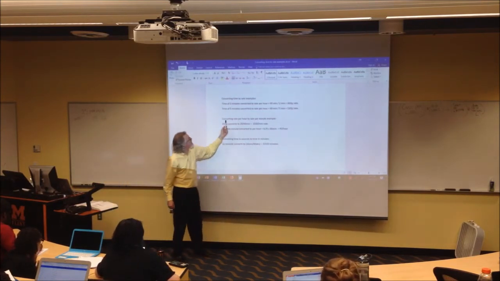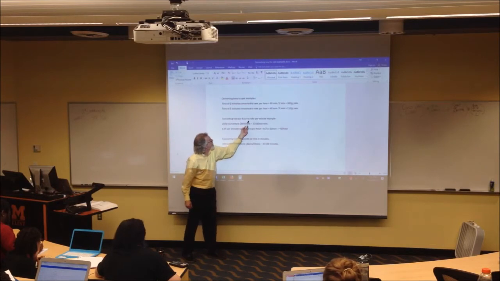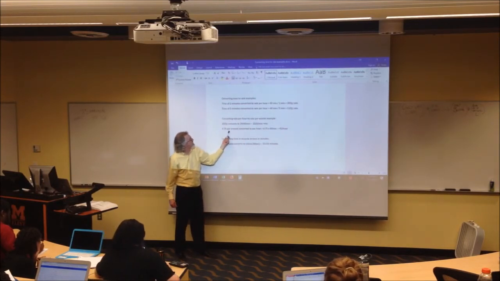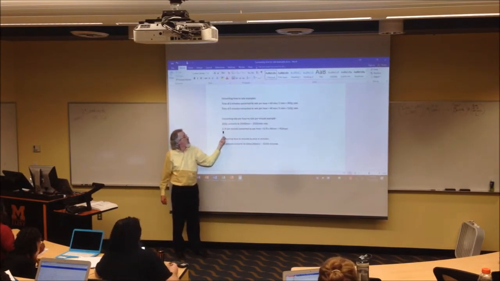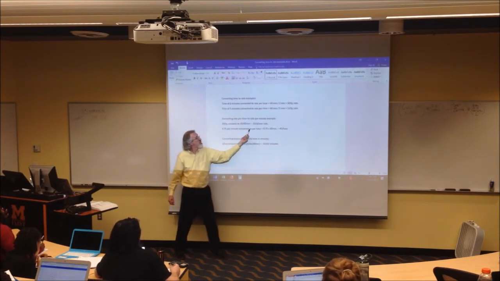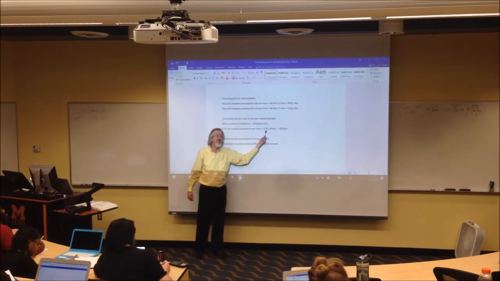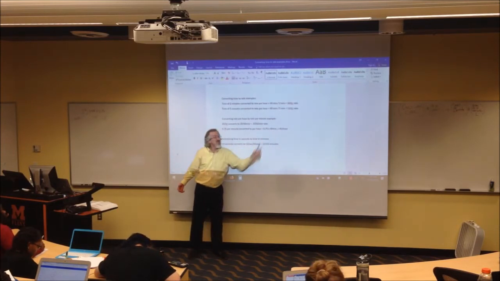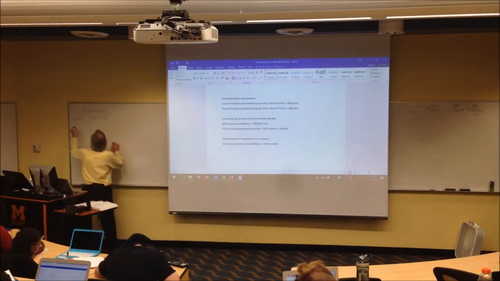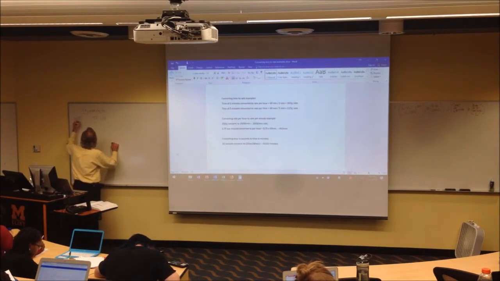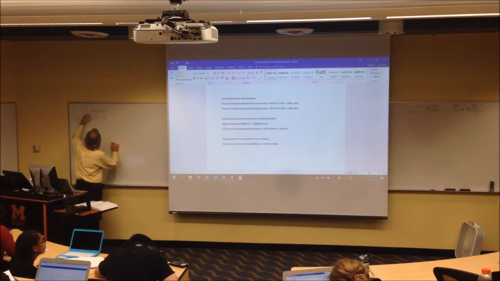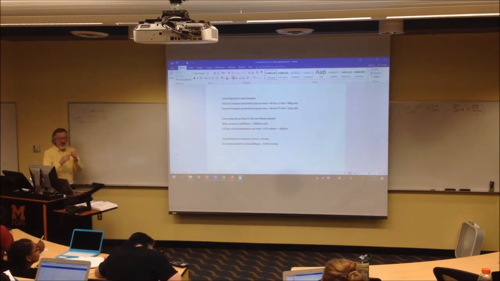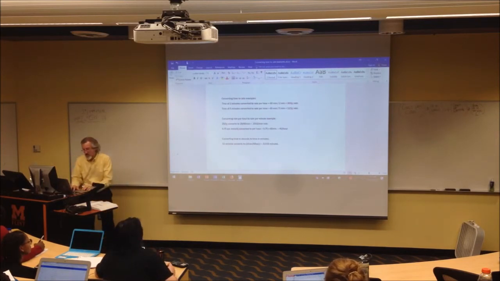Converting time to rate, no. Converting per hour to per minute, but right here is per minute to per hour. 0.75 per minute converted to per hour would equal 0.75 times 60 minutes, the number in an hour, equals 45 per hour is the rate, converting from minute to hour.